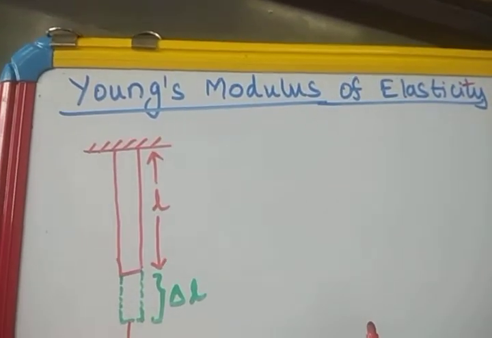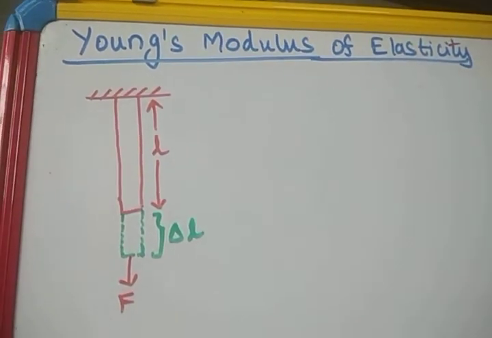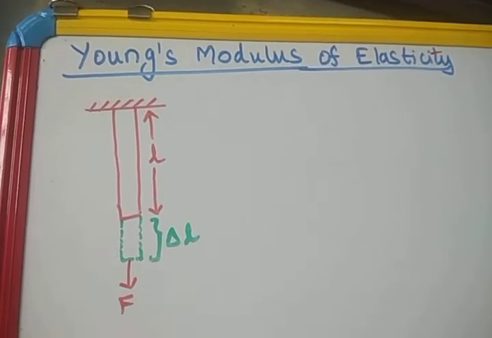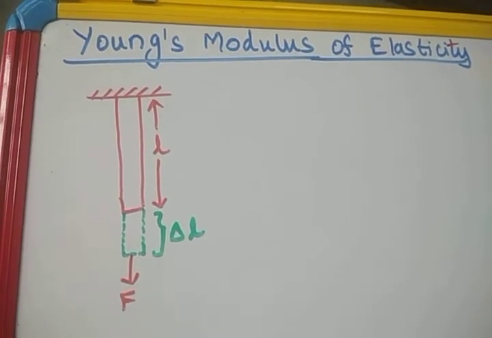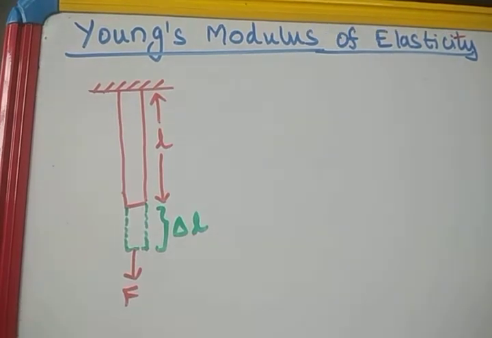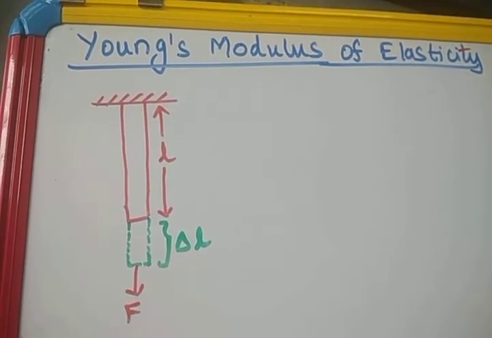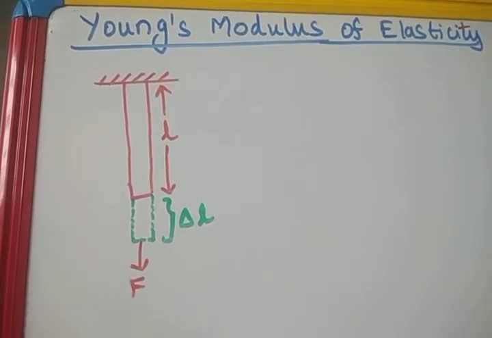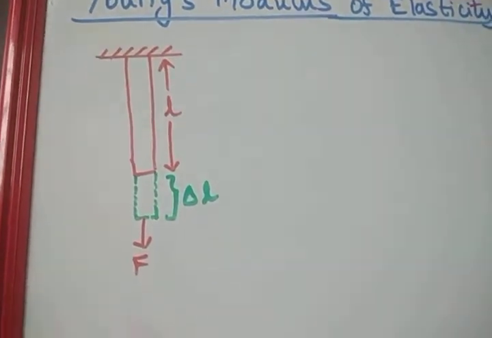So Young's modulus means there is a lengthwise change. Already I told you, strain is the change in dimension by original dimension. Here the dimensional change is only along the lengthwise.